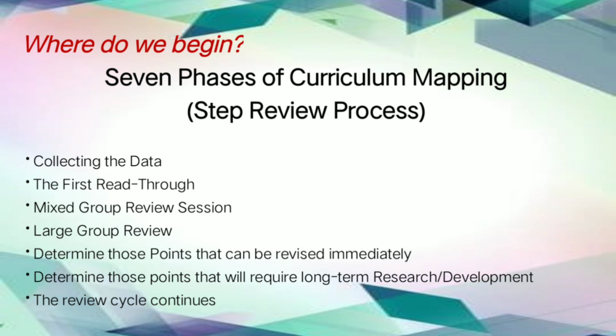You're not just going to collect the data; it needs to be reviewed by the groups to determine the key points for revision, change the content of the curriculum that is not needed, identify the learning gaps, and implement. If it does not meet the expectation, then repeat the review process, because curriculum mapping is not static. It's ongoing. The focus of this review process is the improvement of student and teacher learning that makes both the work and time worthwhile.